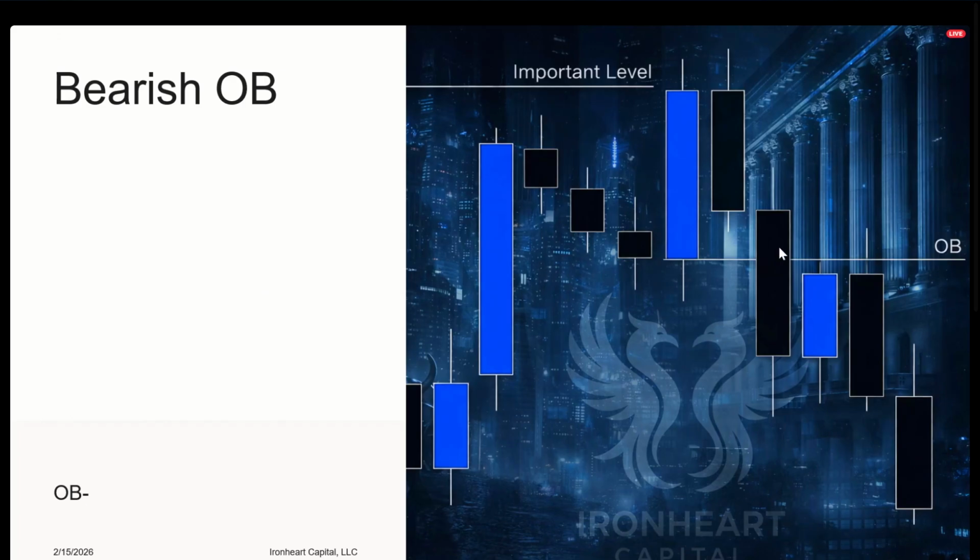When this candle closes below the opening price, the body, the opening price of this candle then becomes your order block. And as you can see, it comes back in to test that order block and it rejects and continues the sell model, which is why you can use order blocks as entries.